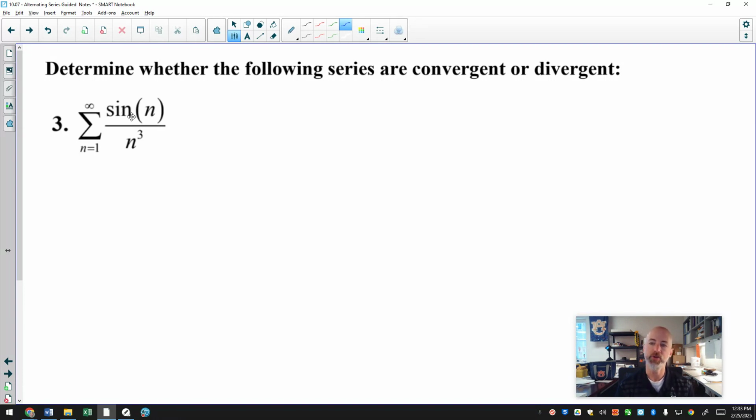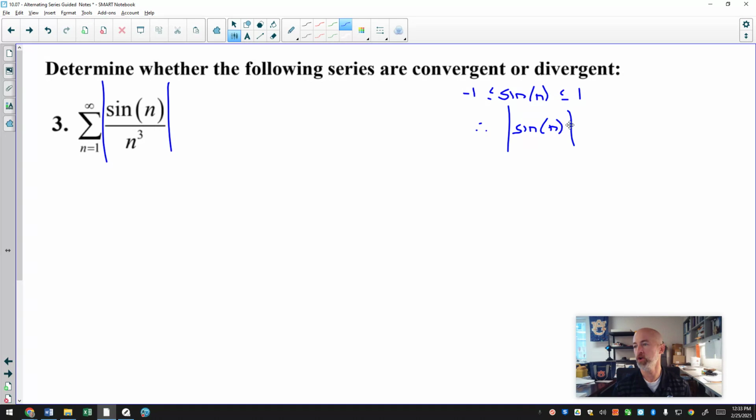However, I do recognize the potential for the numerator to be negative, and so I'm going to take the absolute value of this. When I do that, if you think about sine n, sine of anything is always going to be less than or equal to 1 and greater than or equal to negative 1, which means that the absolute value of sine n is always between 0 and 1.